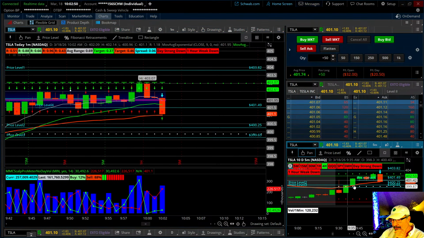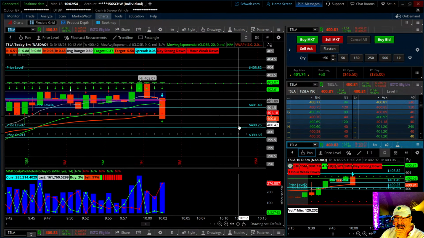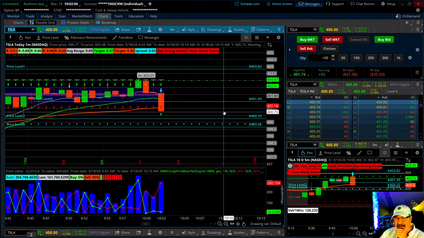Let me look at the bigger picture here. It's resting on the VWAP. Wow, is it going to break that VWAP?